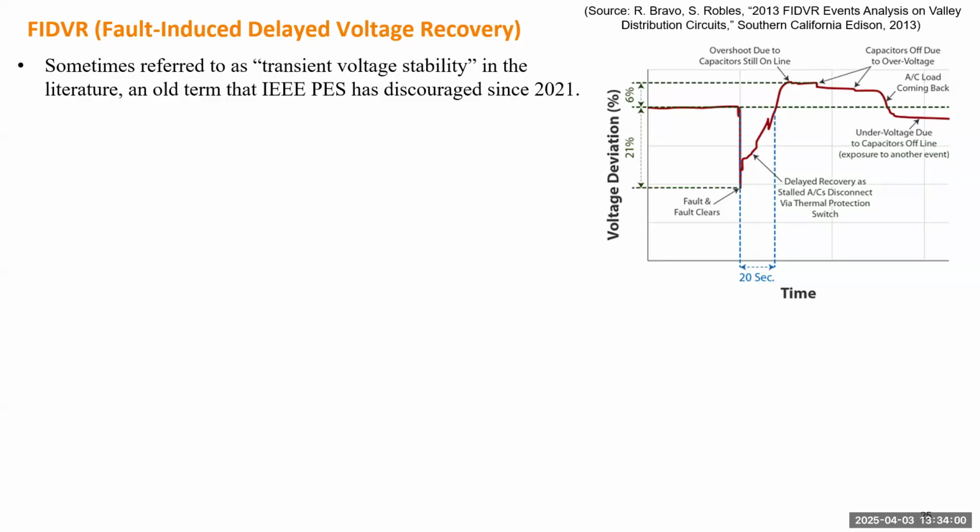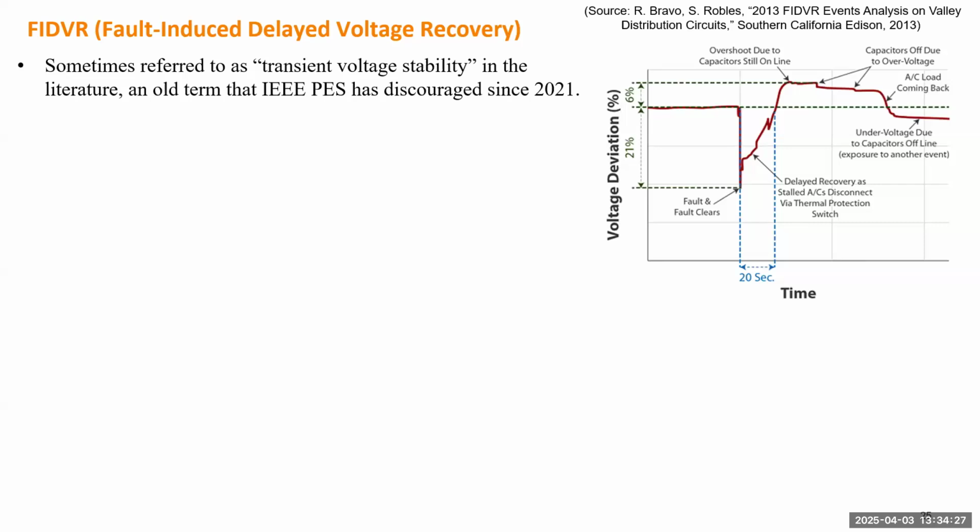So this is one story showing the lack of a dynamic controller like a synchronous condenser or SVC. If you only utilize capacitors, reactors to try to support or limit voltage, you may not be fast enough. The system will have either under voltage or over voltage.